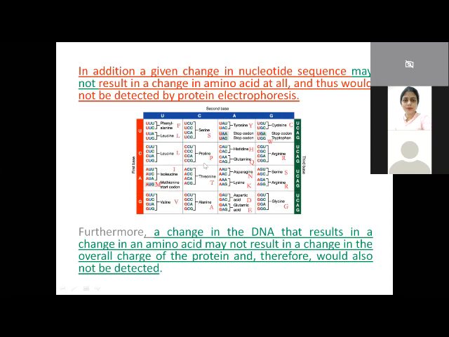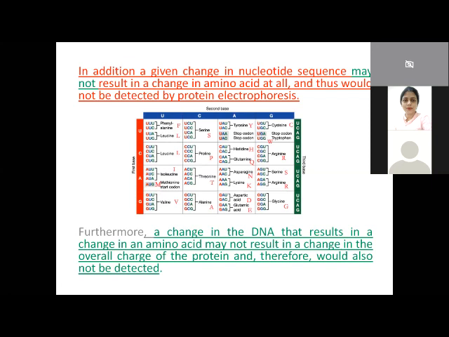So what happened? In these four individuals, the variation exists at the level of DNA, but it is not translating in the form of protein. The four individuals are variable at this position: individual 1 has U at the third position, individual 2 has C, individual 3 has A, and individual 4 has G at the third position.